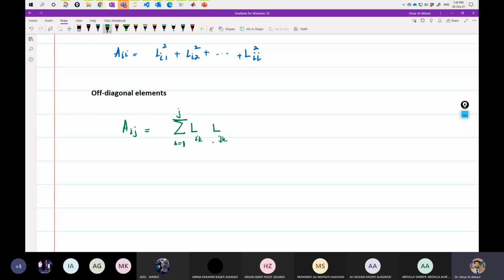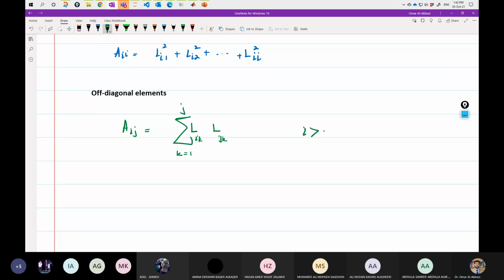L_ik L_jk. Each time it increases by 1: 1, 2, 3, 4, 5. Why? Because we hit j and j. Is that clear? Each time it increases by 1, yes. Okay, so that is the off-diagonal elements.